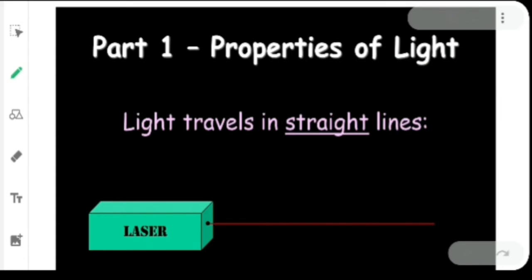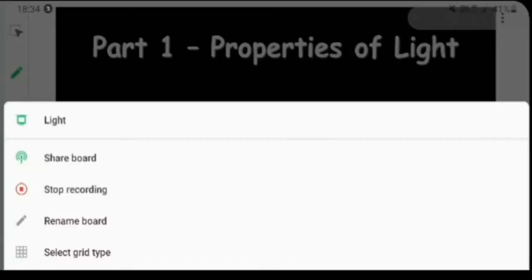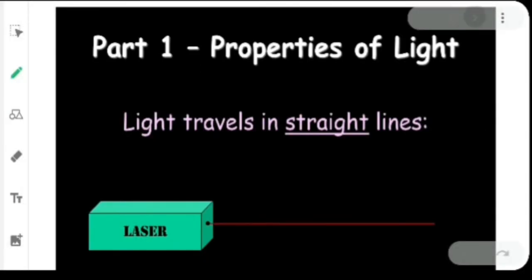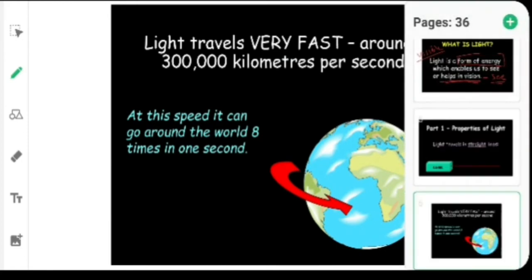Now what are the properties of light? Newton had proposed that light is in particle form. Let us talk about what Newton said. Newton said that light is in particle form.